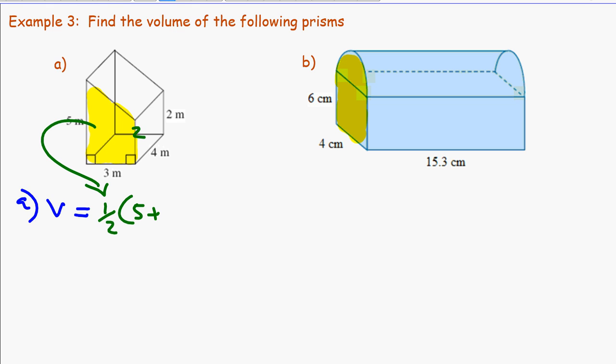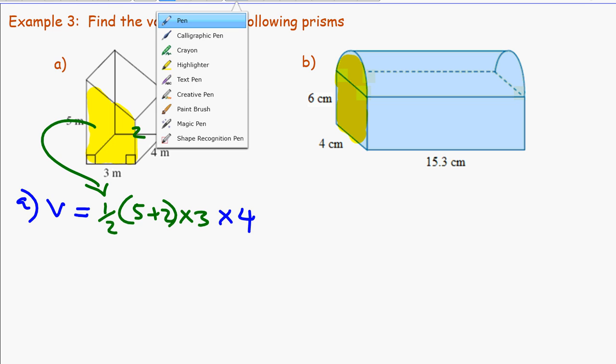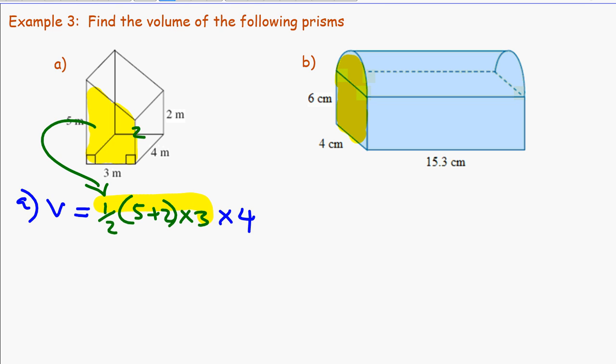So 5 plus 2 multiplied by the height, which is 3. And I'll multiply that by 4. So this bit here is my cross section. If you work that out, you should be able to end up with just 42 meters cubed.